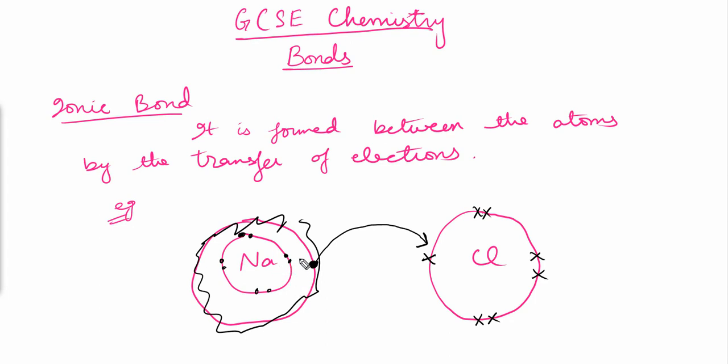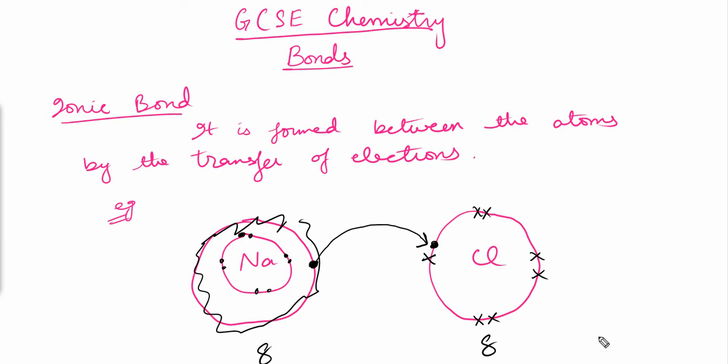The chlorine will accept the electron of sodium, and it will also have 8 electrons. So both have 8 electrons in the outermost shell, and both will become stable. This is how the ionic bond is formed, by the transfer of electrons from one atom to another.